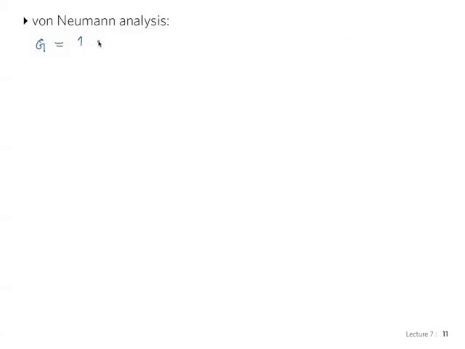It leads to 1 minus sigma half times e^(i phi) minus e^(-i phi), plus sigma squared half, you can see where all this is coming from, e^(i phi) minus 2 plus e^(-i phi).